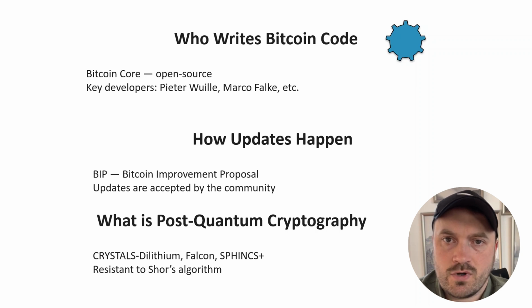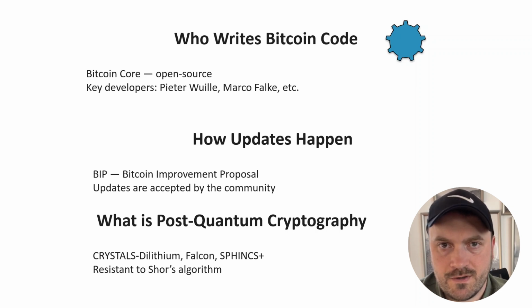Now let's talk about how Bitcoin can be protected from a quantum computer. Bitcoin uses ECDSA, elliptic curve digital signature algorithm, for signatures. This is an algorithm vulnerable to Shor's algorithm.